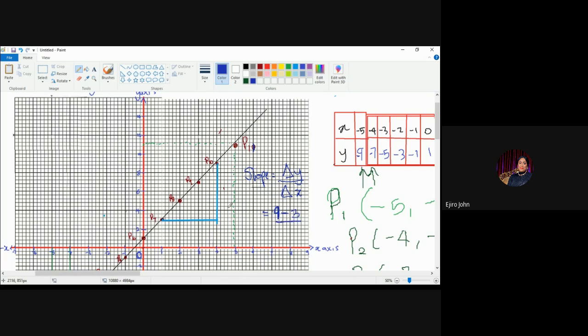Now we'll find the corresponding values of x: on point 10, which is 4, minus the corresponding value on point 7, which is 1. So 9 minus 3 gives you 6, and 4 minus 1 gives you 3. If I cancel out, my slope S is equal to 2.